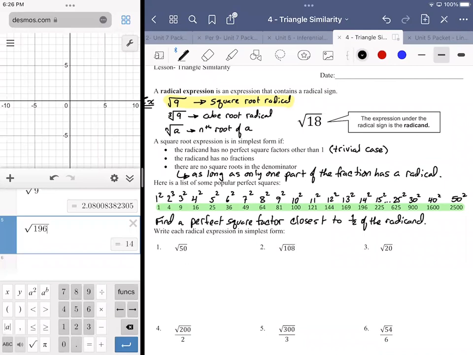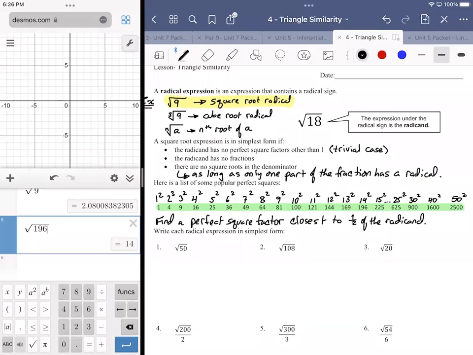Closest to 1/2 of whatever the radicand is. Right. And again, radicand is just the number under the radical. Radicand, 3 syllables, number under the radical. Right. You save yourself 5 syllables by saying radicand, as long as you know what it means.